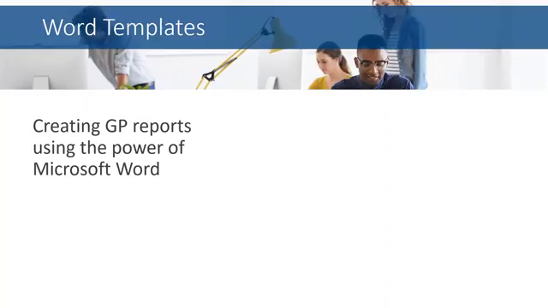Now, before we actually get started, I just want to talk a little bit. Usually in Microsoft Dynamics GP, Report Writer is the main method of generating your reports. So the template-based reports we are going to review today are still based on your Report Writer reports from within GP.